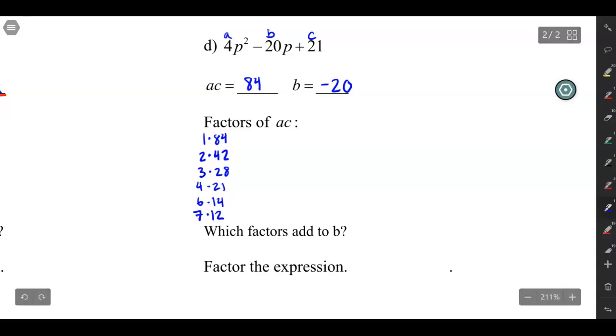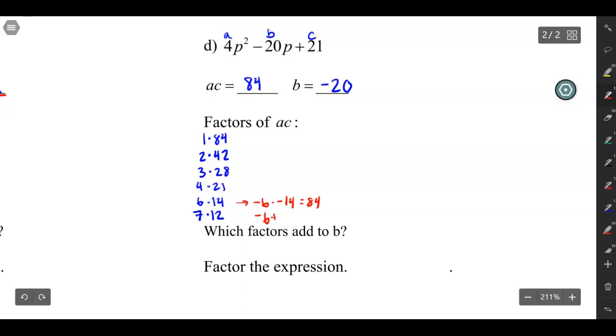Okay. Now remember that we can also have all the negative versions of those pairs of numbers. So I'm looking for two numbers that when I add them together, I get negative 20. So if you're looking at this list of numbers, the 6 and the 14, change them to negative 6 times negative 14, and I get positive 84.